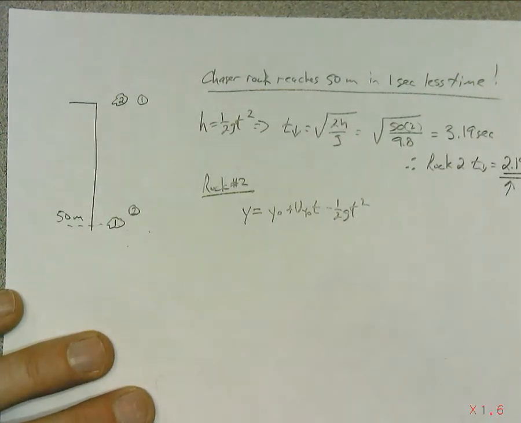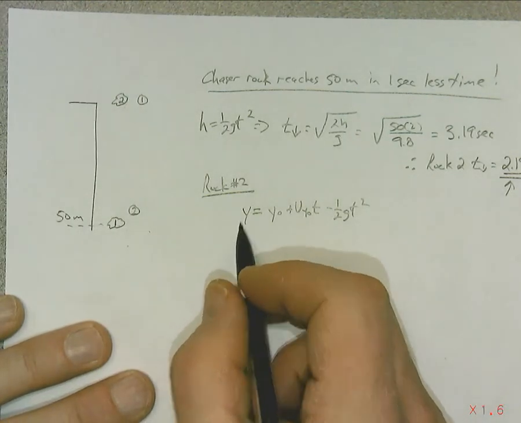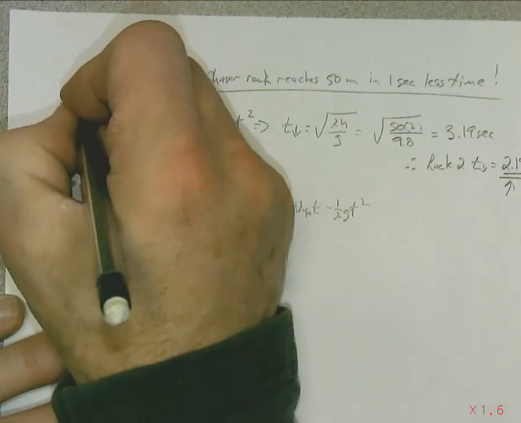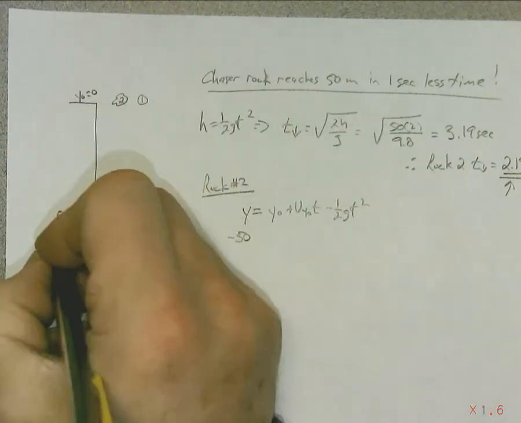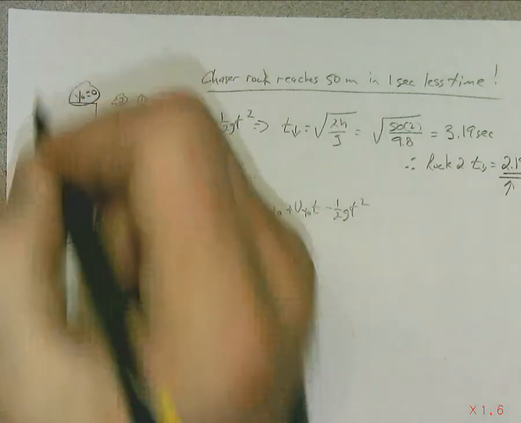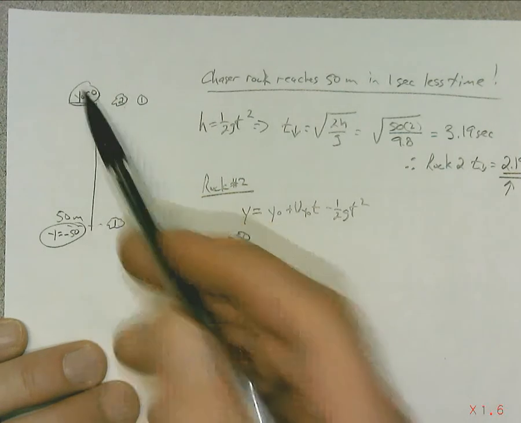So that's really nice. We already know what the time is. So let's go ahead and put the values in here. The position, minus 50. Y0 equals 0. Y is equal to minus 50. That's how I set these problems up. Initial position equal to 0.